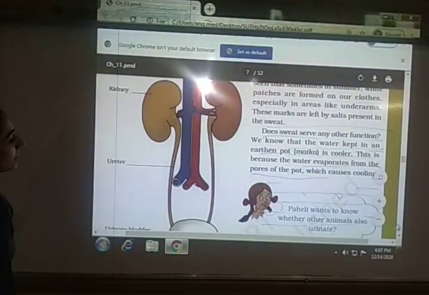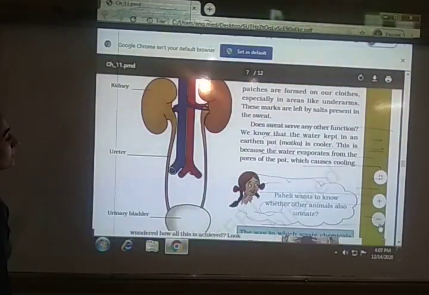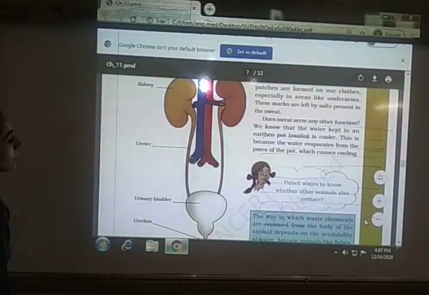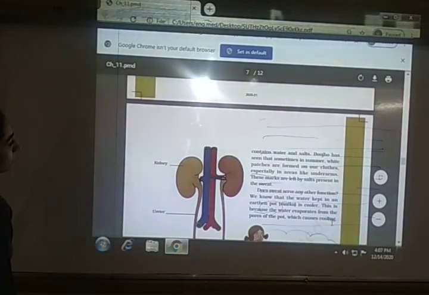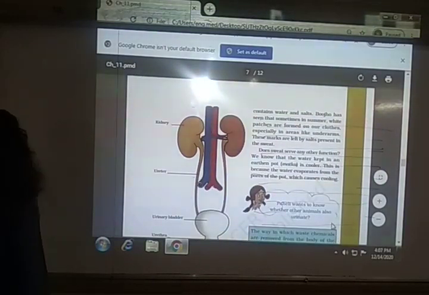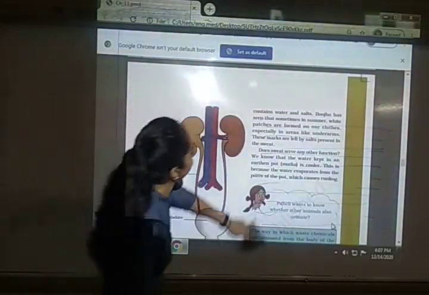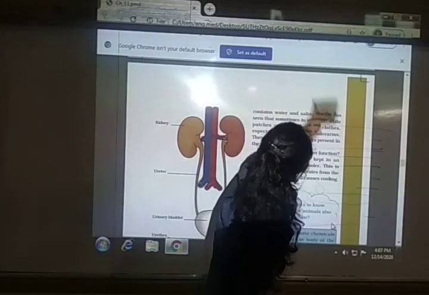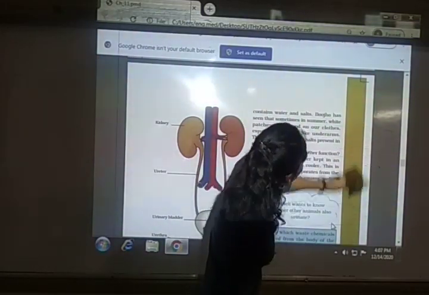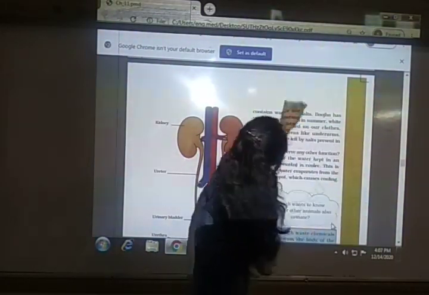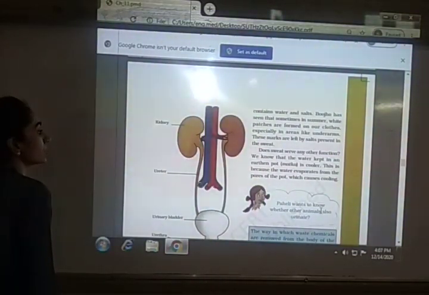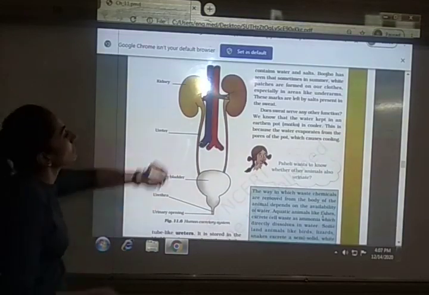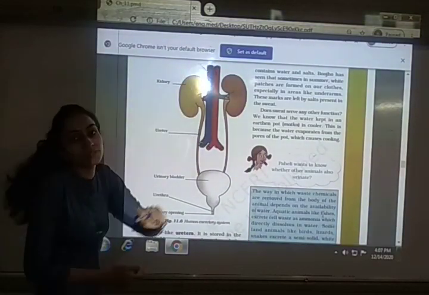Here the figure for that is given to you, the excretory system in the human being. Here you can see that this blue shows the vein and this one shows the artery.